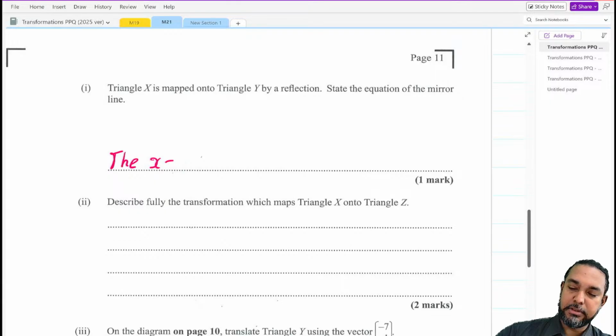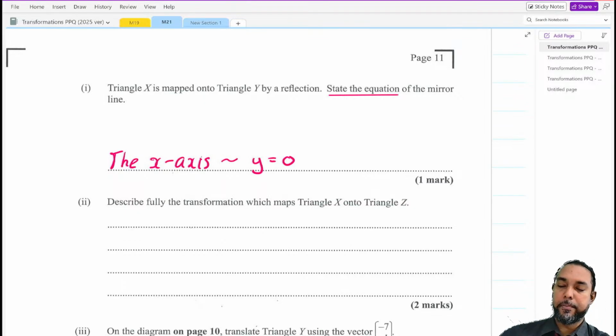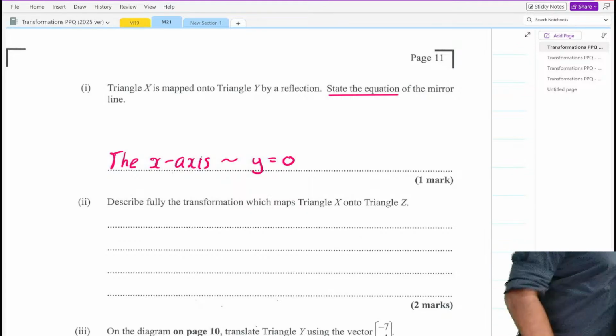The x-axis is the mirror line, and the equation of the x-axis, anybody know? y is equal to 0. That's the equation of the x-axis.